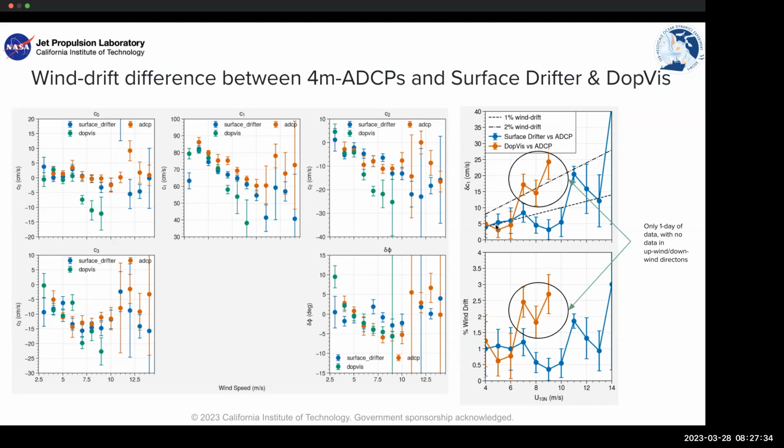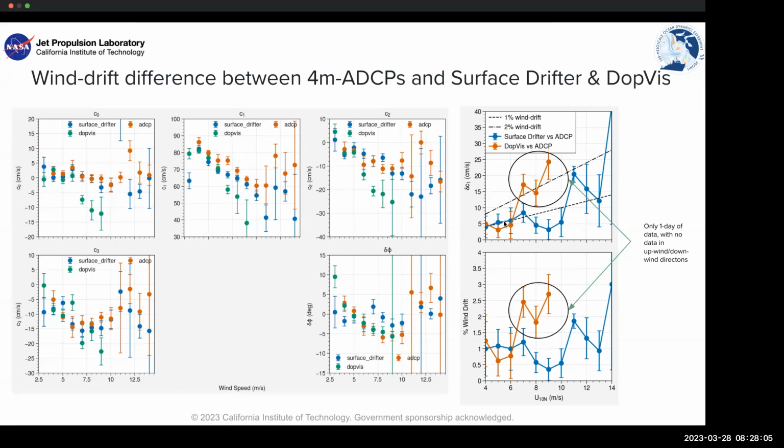So in order to be consistent in comparing the currents and in training our models, what I've done is I've taken the 1% wind drift, which is consistent with some of the theories out there, some of the observations by Fabrice and others, and Roger Samuelson also has a theory that says wind drift should be on this order of magnitude.